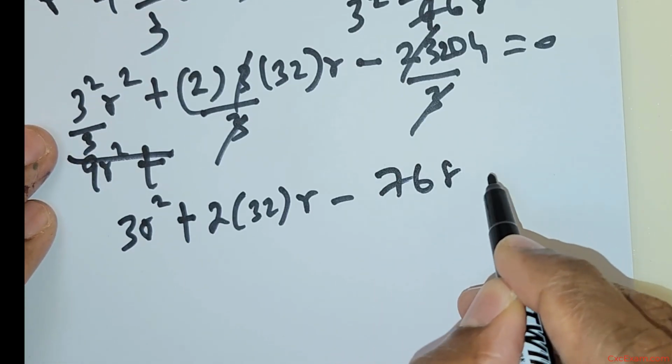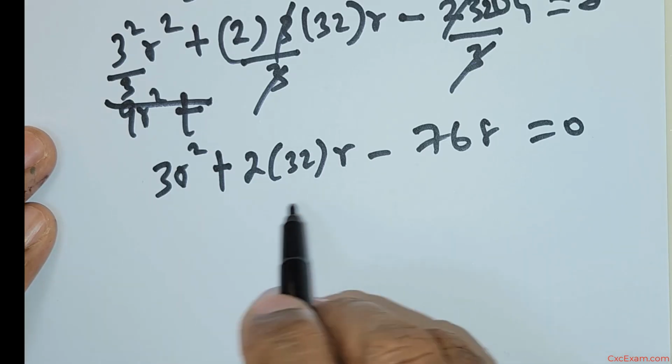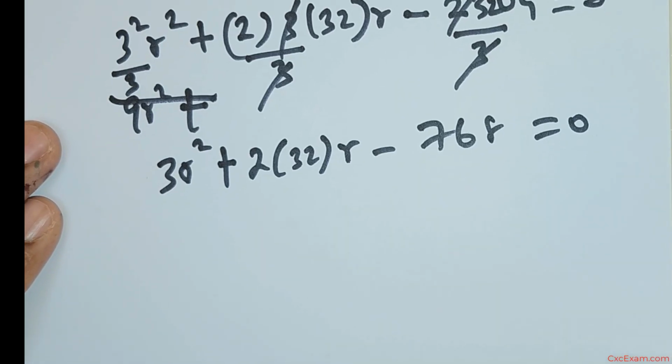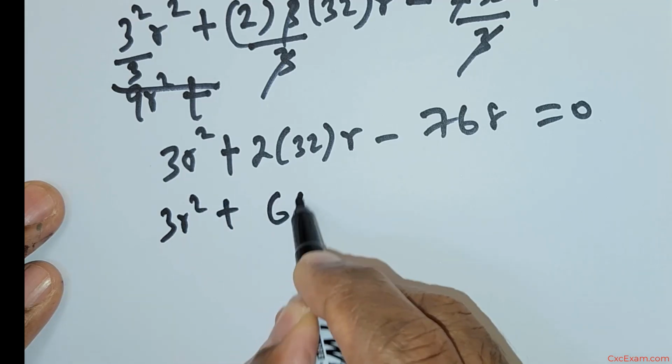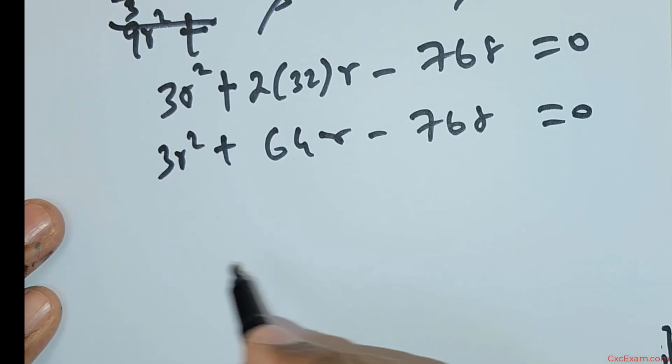So this is what we have got: 768 is equal to 0. We cannot do anything else further. We will have to use the quadratic formula. So 3r squared plus 64r minus 768 is equal to 0.